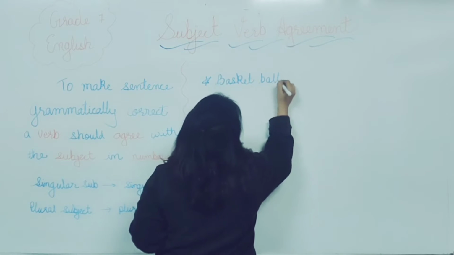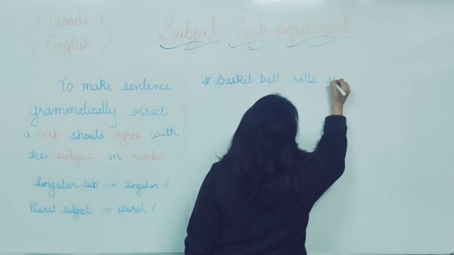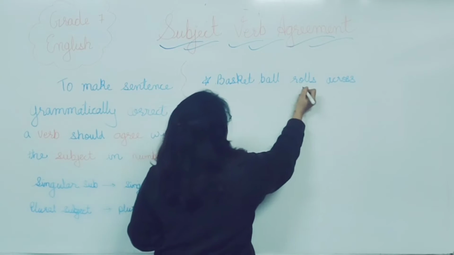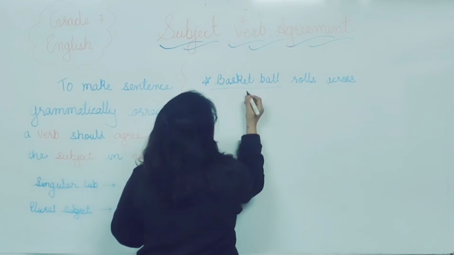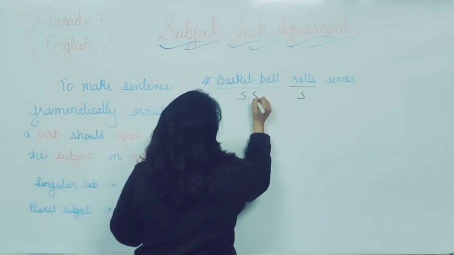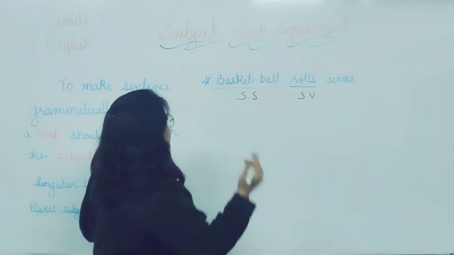Basketball rolls across. Now, basketball rolls across. Here you can see basketball is singular and we have taken a singular verb with that. Right? We have taken rolls, a singular word.